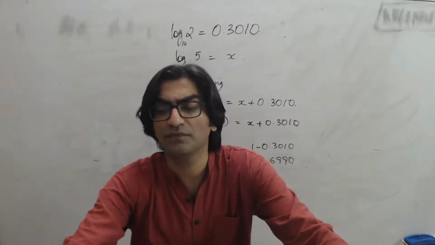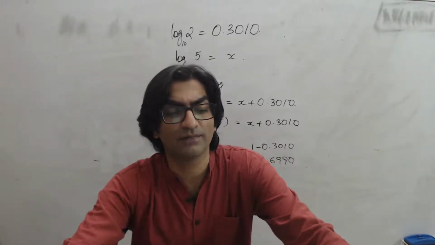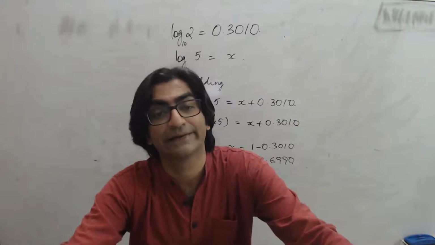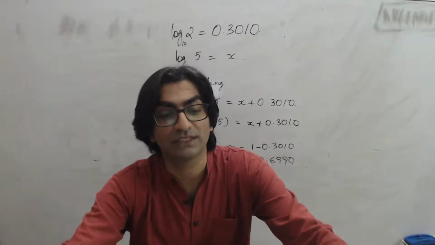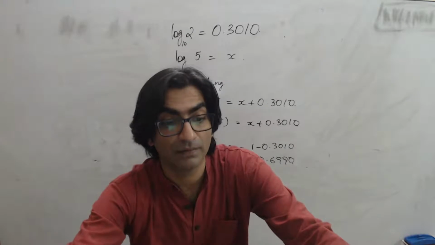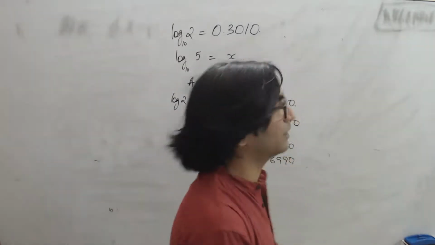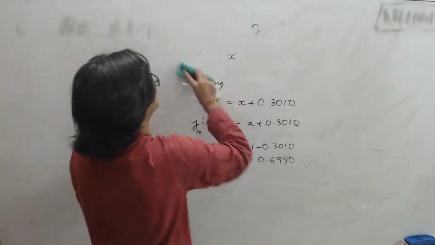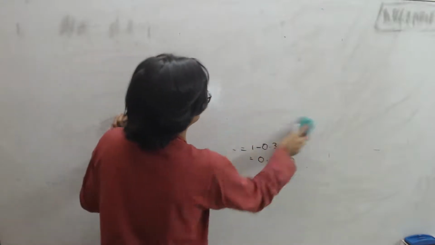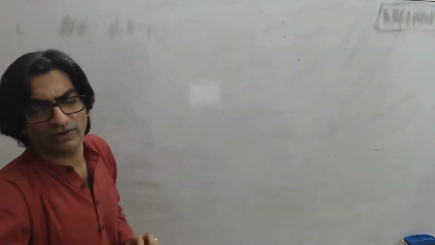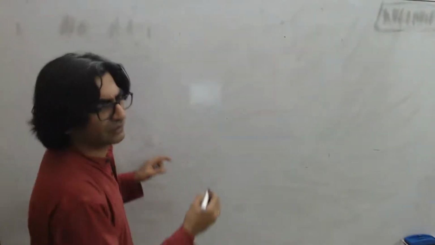Another kind of question involving logarithms is question 28, one that talks about the number of digits in a number. Look at this, question number 28. It's quite a popular question involving logarithms.